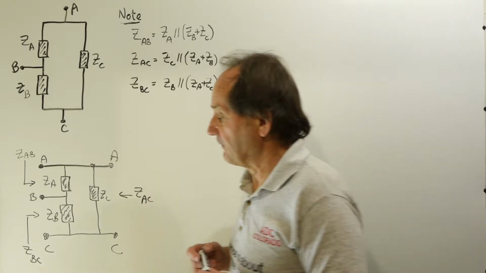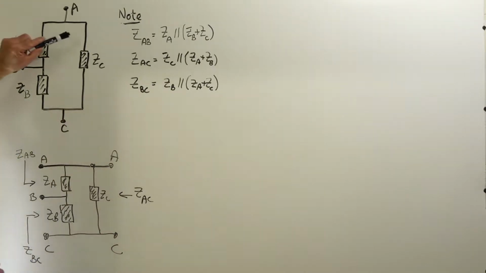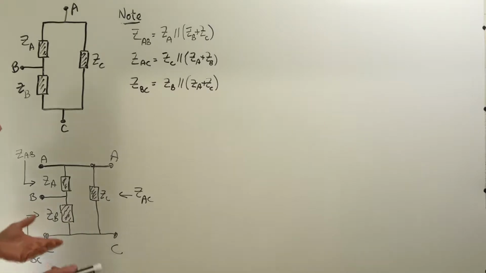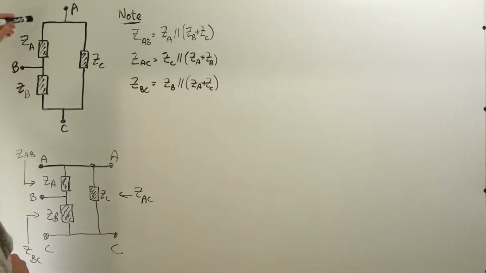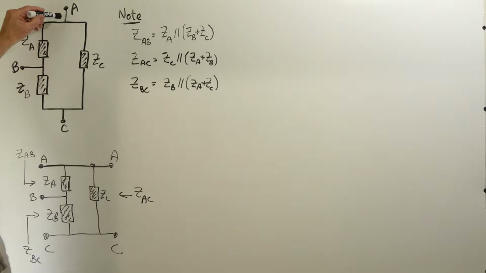So what I have are three resistors, or three passive circuit elements. They could be resistors, capacitors, inductors, or combinations. And they're connected in a loop in this fashion. There are three elements, and we have access to three nodes between the circuit elements.